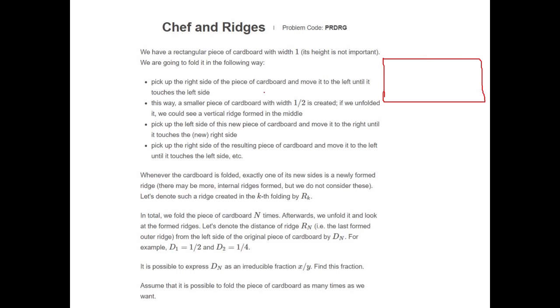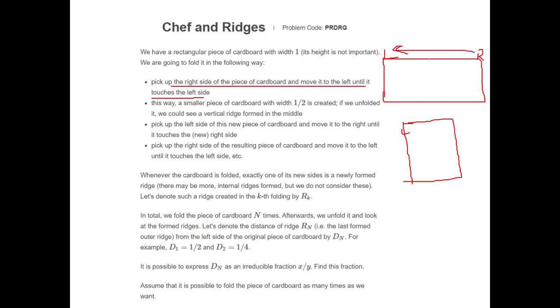So, as the first statement states, we'll pick up the right side of the piece of cardboard and move it to the left until it touches the left side. So, we'll pick up this right side and we will move it to this side, meaning we will be folding it, and when we fold it there will be a ridge formed, and the size of the paper will reduce.